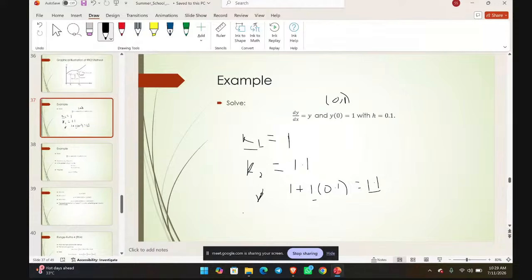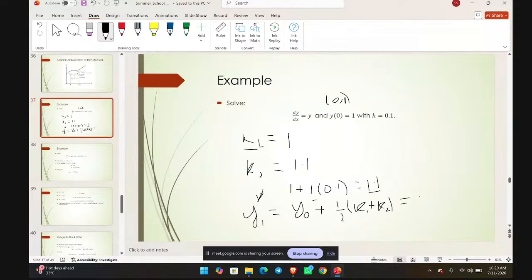So let us approximate the slope now according to the formula. Y1 is equal to y naught, which is 1, plus half times k1 plus k2. This is the original point we are reaching in the graph.